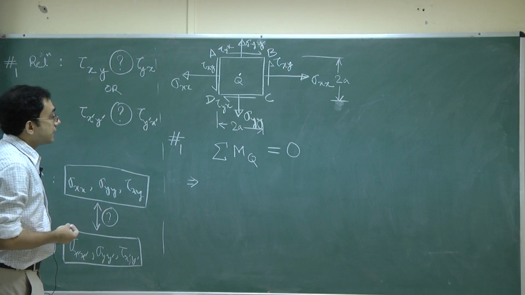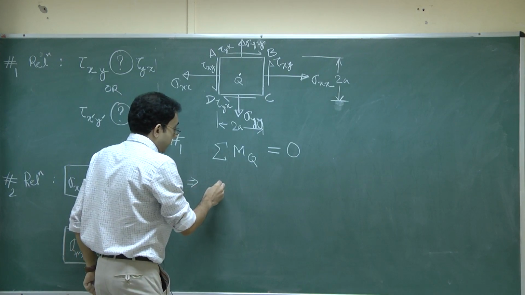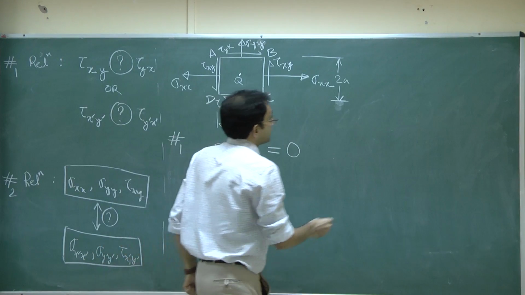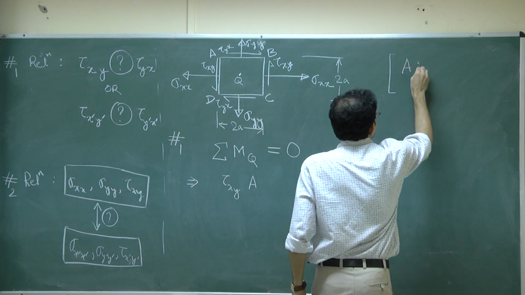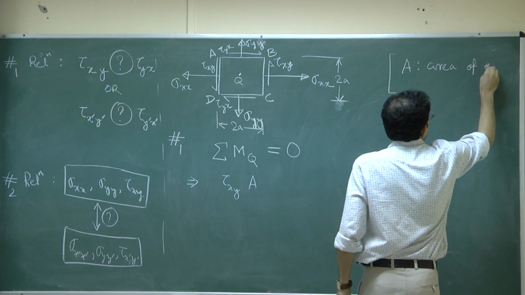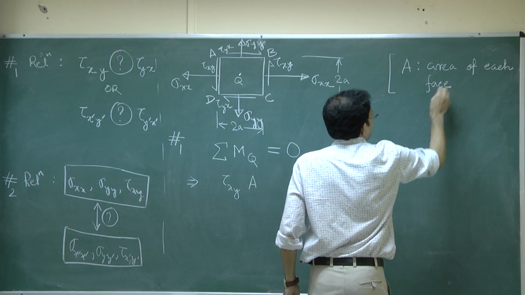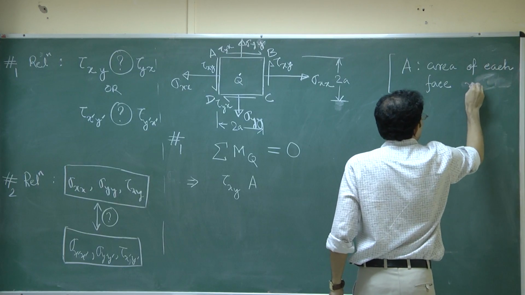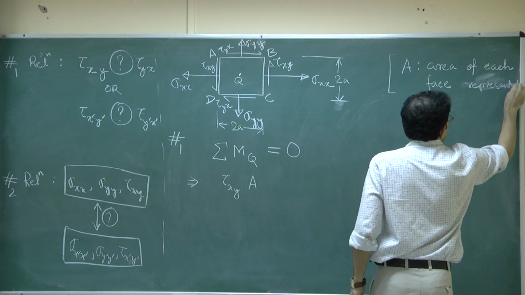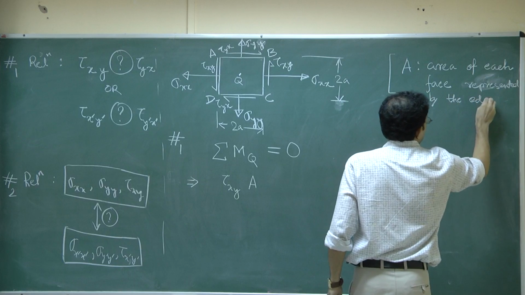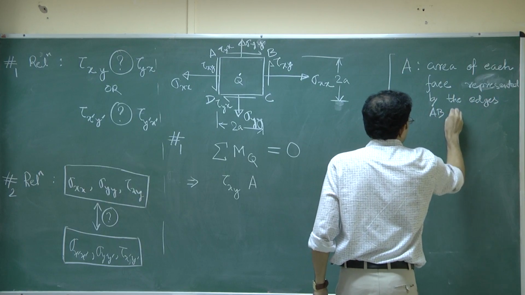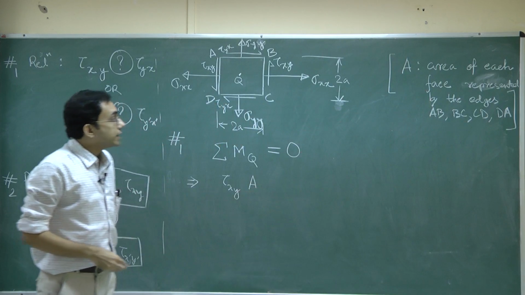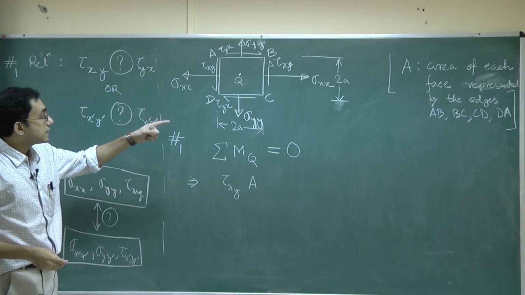So the area of that face BC will be depicted by A, so tau xy times A. A is the area of each face represented by the edges AB, BC, CD and DA.